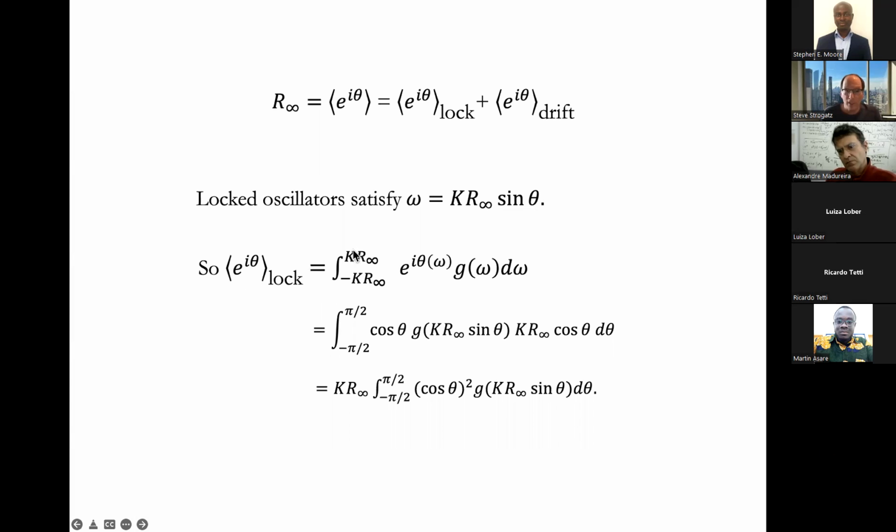Those oscillators have frequencies between minus kr and kr. You have to weight them according to their statistical weight, g of omega. And they have an e to the i theta that depends on omega through this relationship. So changing variables from omega to theta by using this change of variables, he ends up getting this little integral.